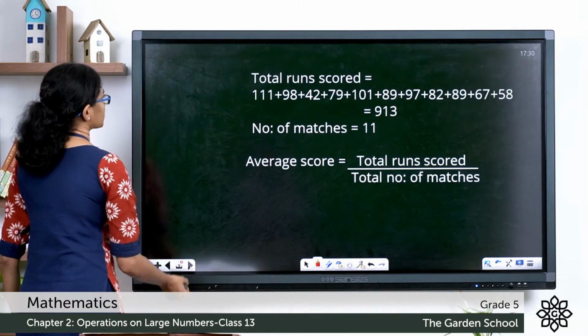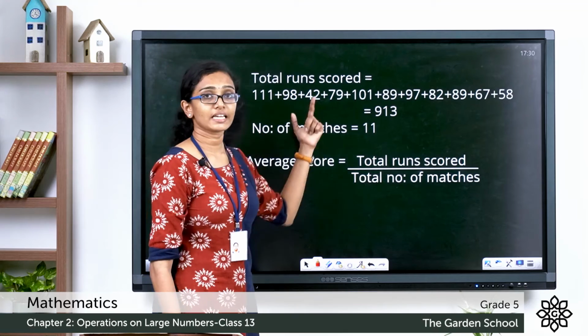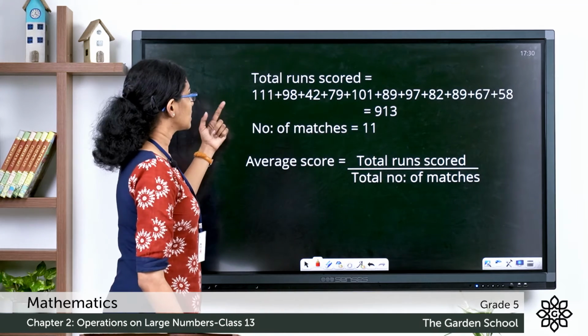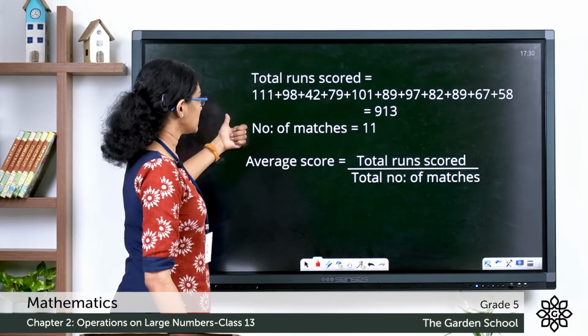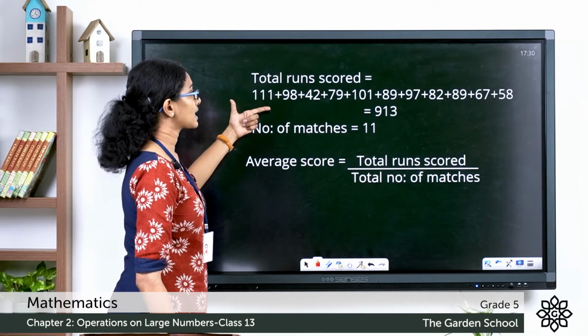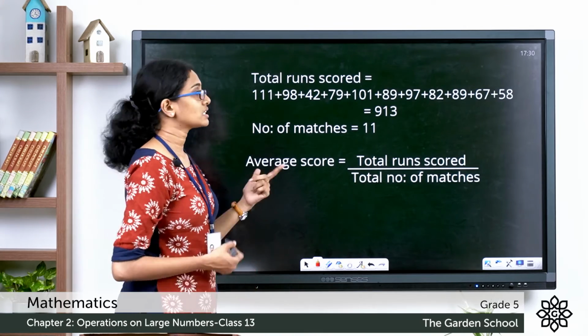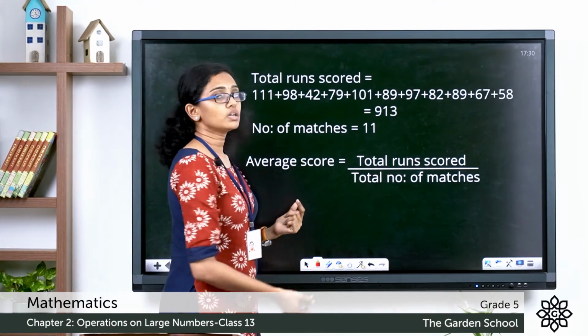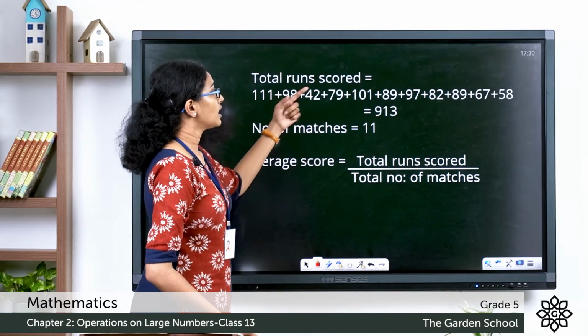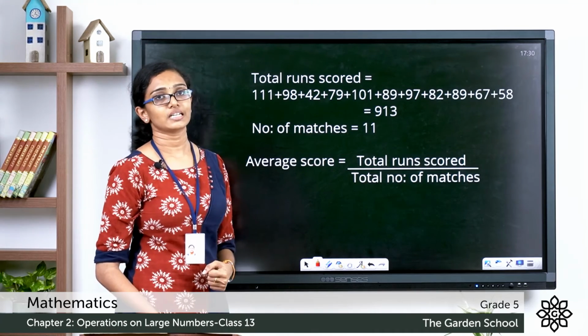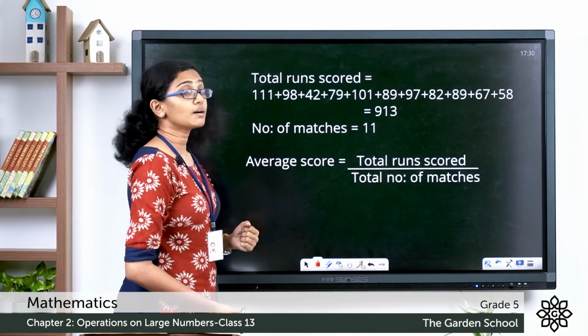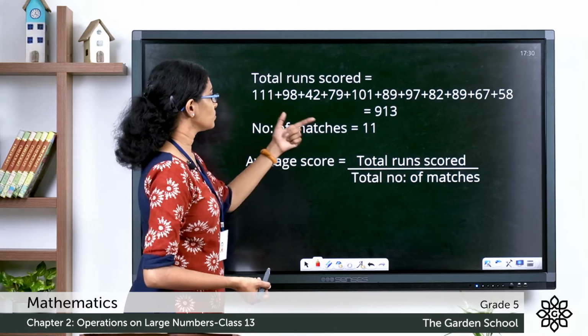So let's write the steps here. The total runs that he scored will be equal to the sum of all the scores, that is 111 plus 98 plus 42 plus 79 plus so on, which equals a total score of 913. Now the number of matches that he played is equal to 11.